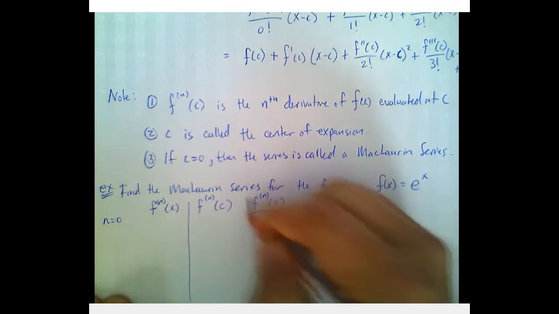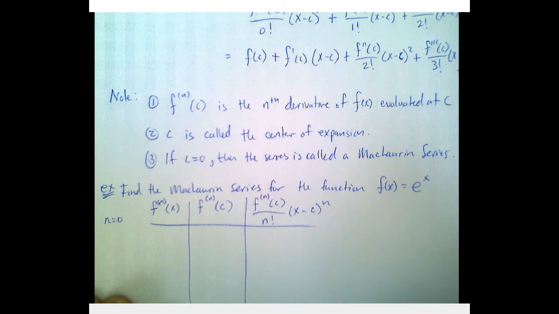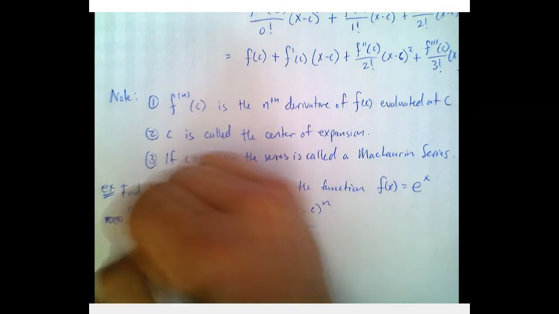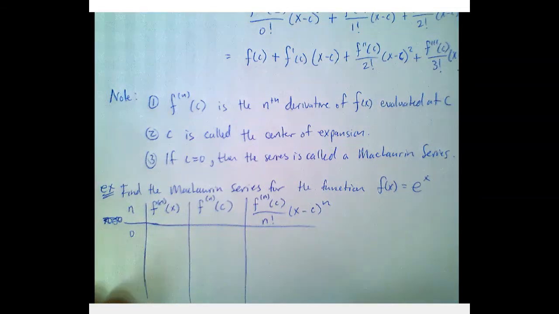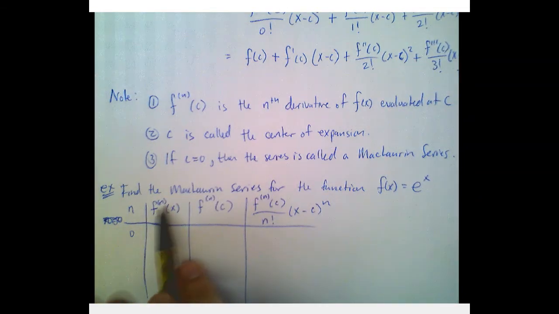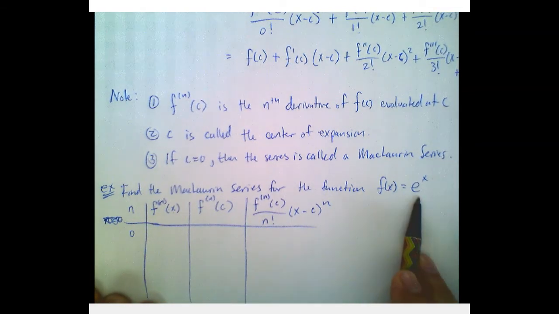Just make a little table here. So if n is 0, we get the 0th derivative of f of x, well, that would just be the function itself.